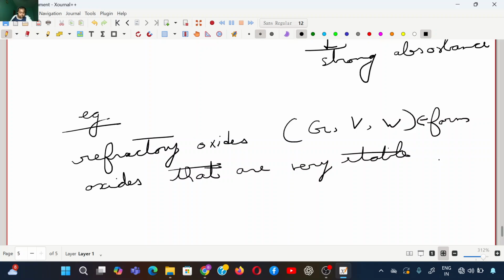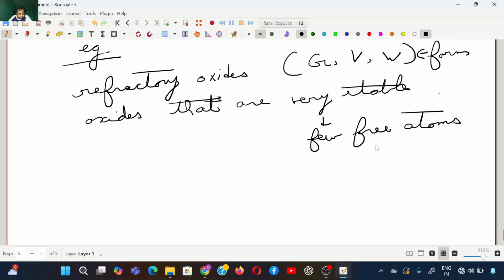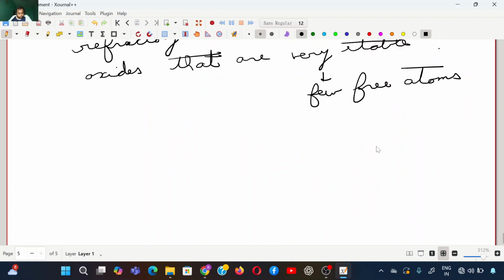Since they are very stable, they won't break down easily. You have very few free atoms, because of which your signal will be weaker. Likewise, you can have ligand complexes, where they are bound very tightly to the metals, and because of which again fewer atoms are available and the signal is weaker.